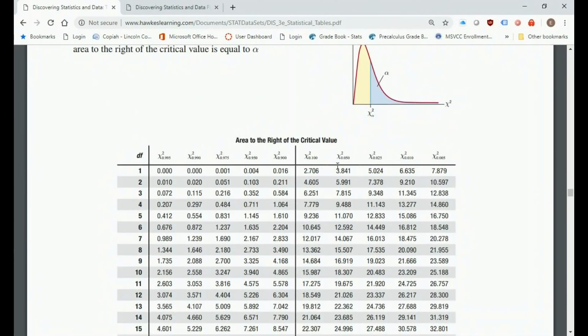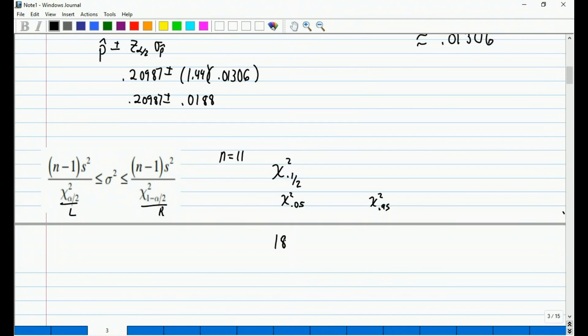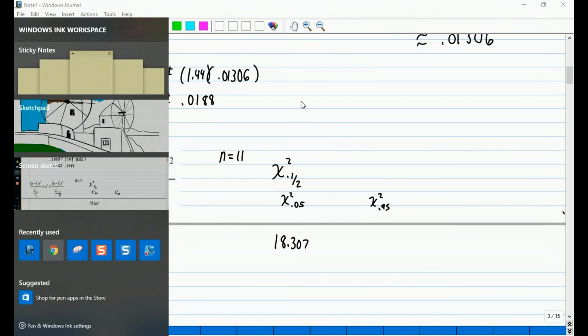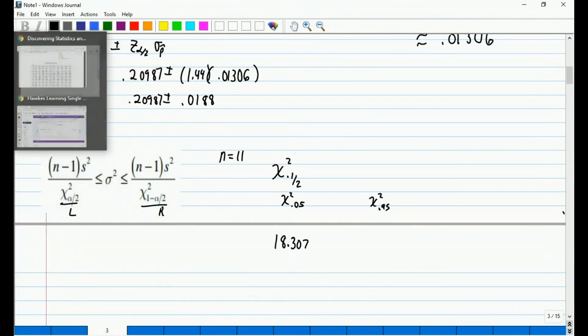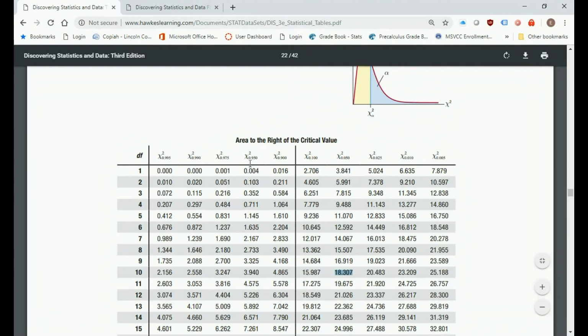All right, so you got to be really careful. See, that's 0.005, so we need to look at 0.05 here, degrees of freedom 10, so that's 18.307. So 18.307 is one of my answers. And my other answer is going to be, let's go back to the table, the 0.95 here, degrees of freedom again.